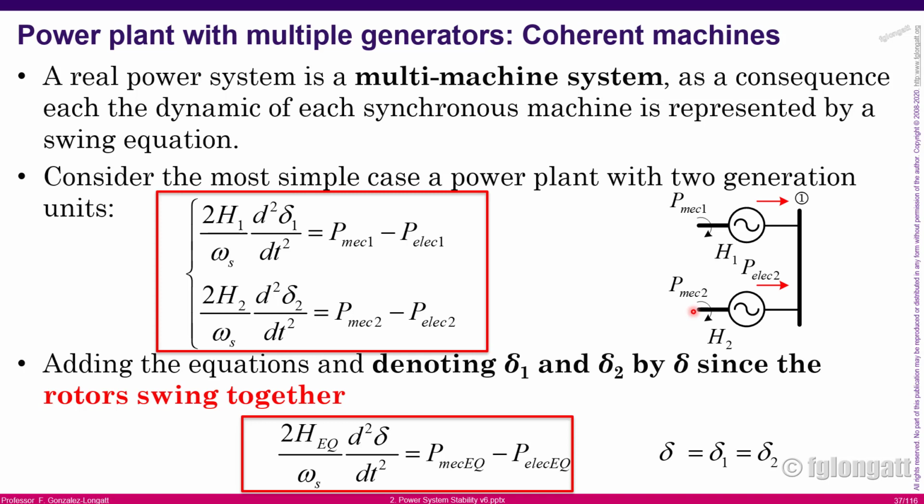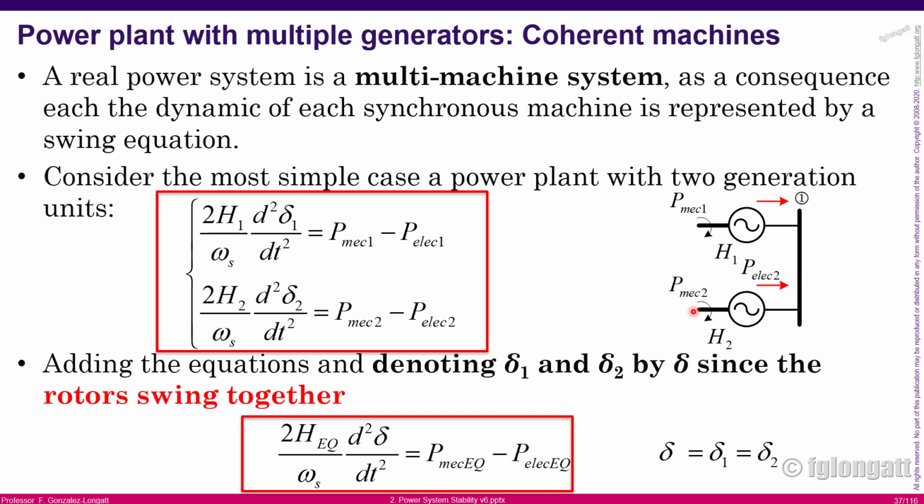And what I want to do at this very specific moment is ask, what happens if we have two synchronous generators inside the same power plant? Can we obtain an equivalent machine? And the answer is, well, it depends. But let me start with the case where I say fully yes.